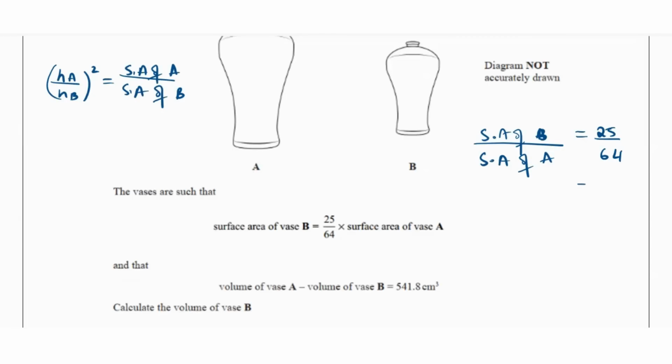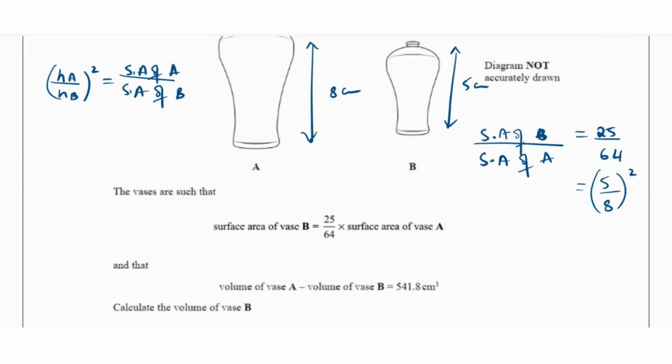So that means, if we square root it, that's 5 over 8. So your height of vase A is 8 and vase B is 5 centimeters.